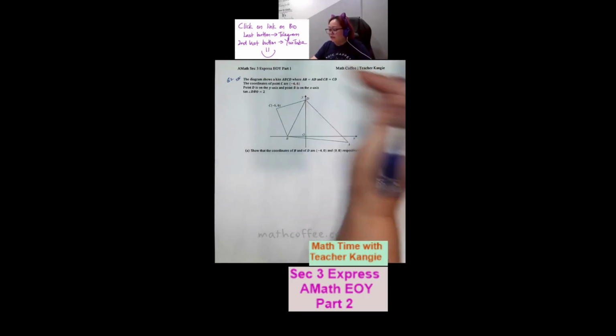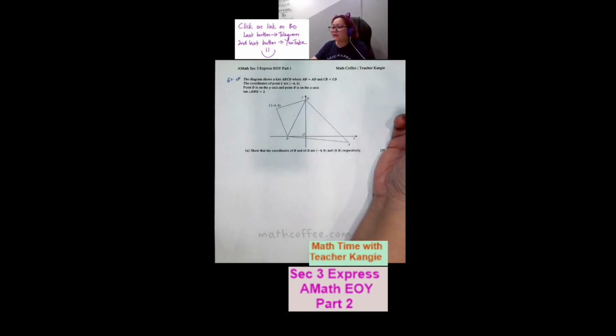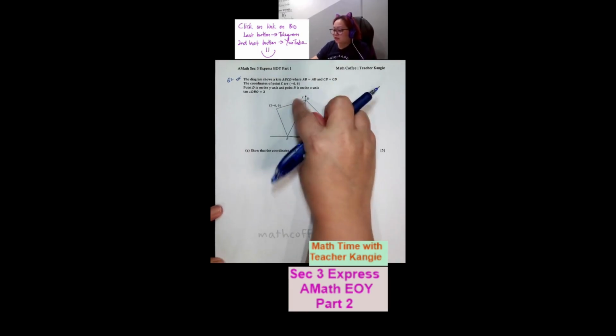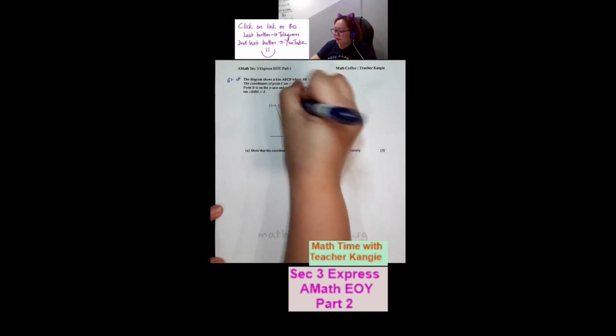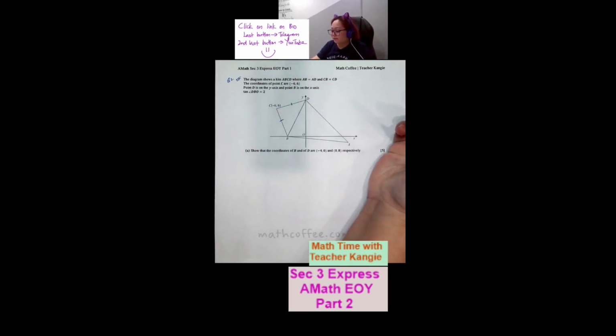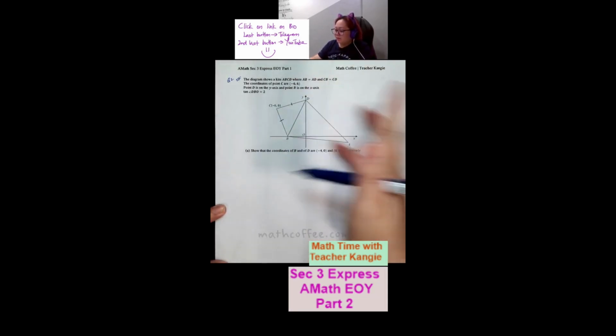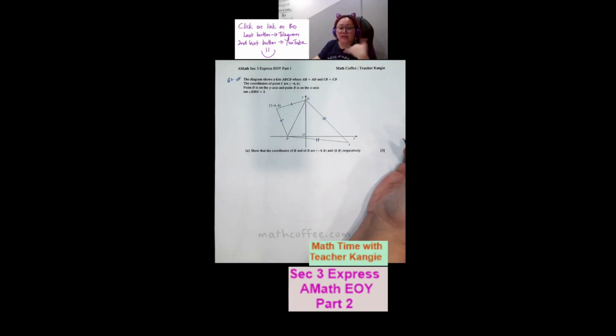This is AMath coordinate geometry. Okay, so now over here they say kite. Firstly, you need to know the properties of a kite. The first property is that these two sides are equal, so I'm going to mark out that these two sides are equal. DA and BA are also equal. Whether you use it or not is a later story, but now you need to put whatever you know about the kite's properties into the diagram first.